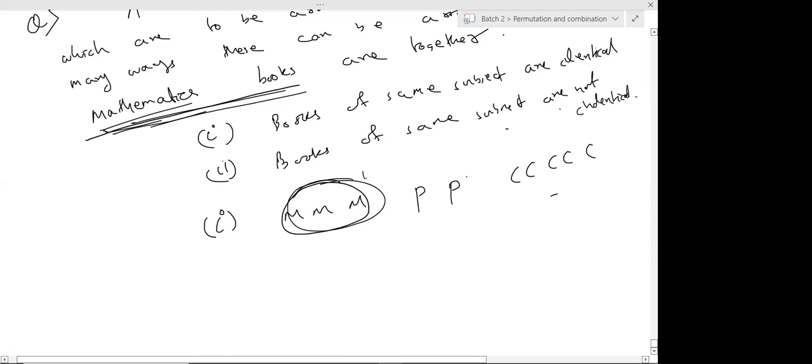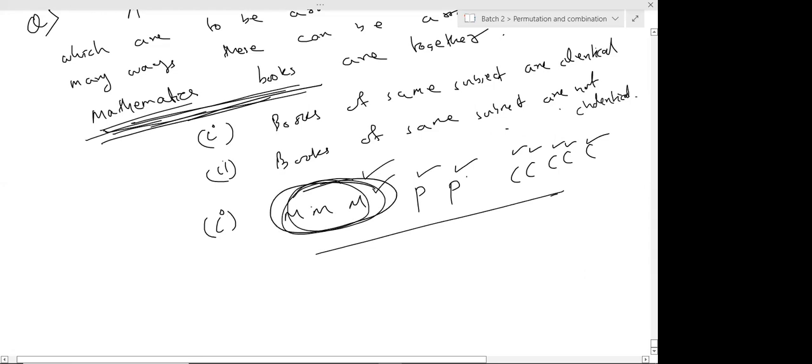Now you have to arrange this with these. Why did I make a bundle? Because I cannot separate them, so all the mathematics books should be kept together. I count them as one unit.